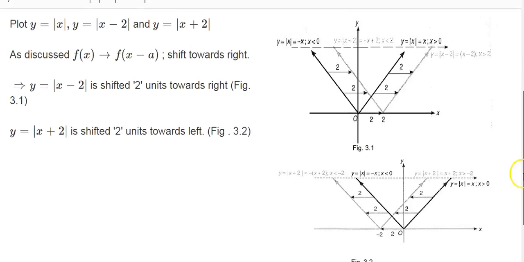Now as we are seeing from this graph, in the case of shifting y is equal to modulus of x to y is equal to modulus of x minus 2, the graph is shifted towards the right. So as was the case when we shifted y to y minus 2, it was shifted upwards, in the case of x to x minus 2, it is getting shifted towards the right.